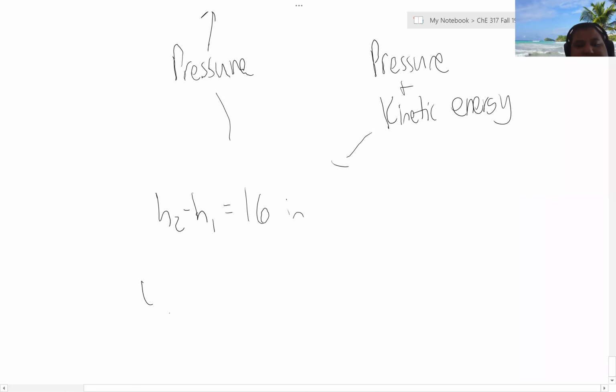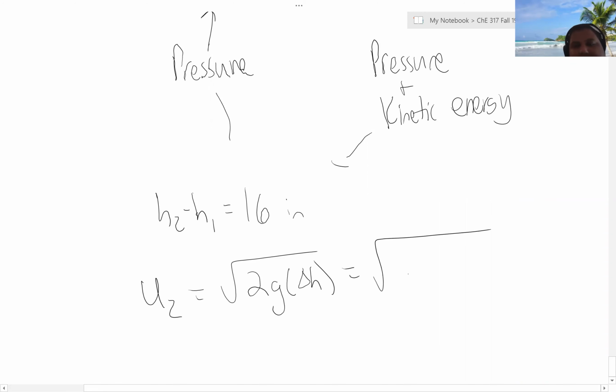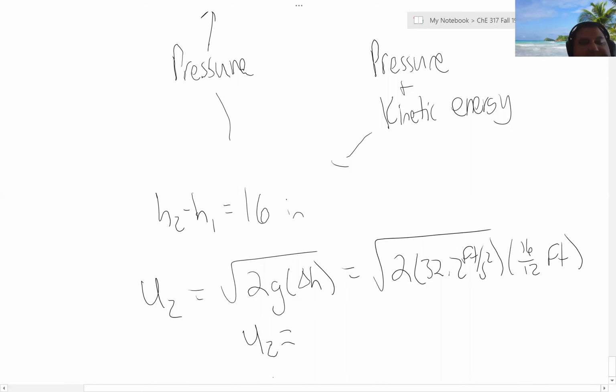And so once you have that, to find the velocity, it's just the square root of 2g delta h, or the square root of 2 times 32.2 feet per second squared times 16 over 12 feet. So you do that, you should get a velocity of approximately 9.3 feet per second.